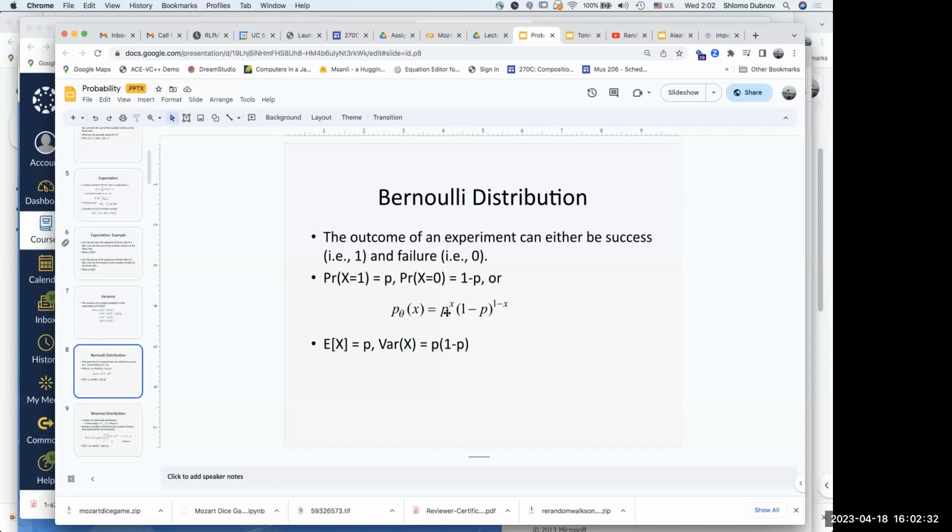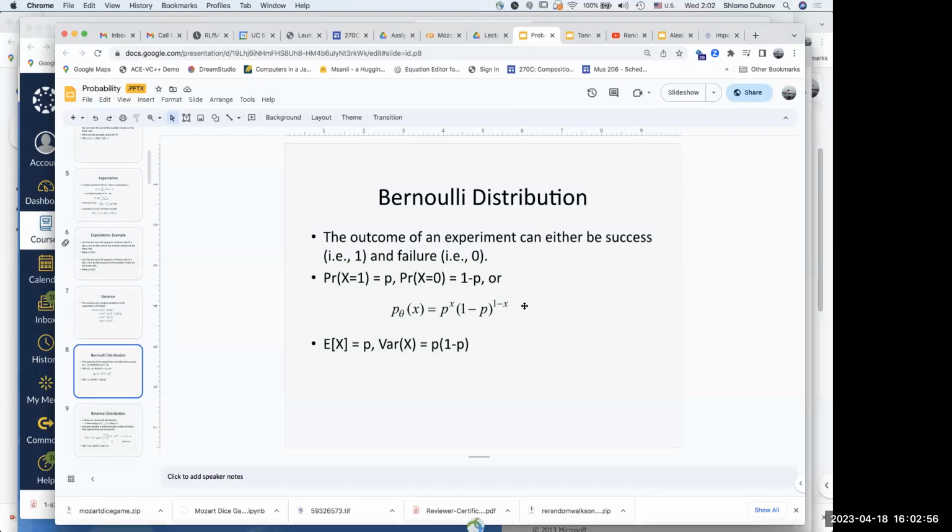Let me make sure that I'm not confusing you. I think the confusion is because they use the same expression here, but this is just a shorthand: if x equals 1, then you have p. If x equals 0, then you have 1 minus p.